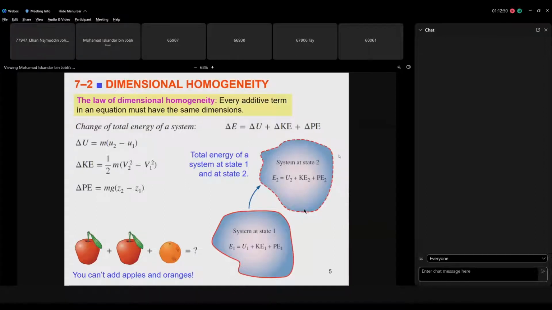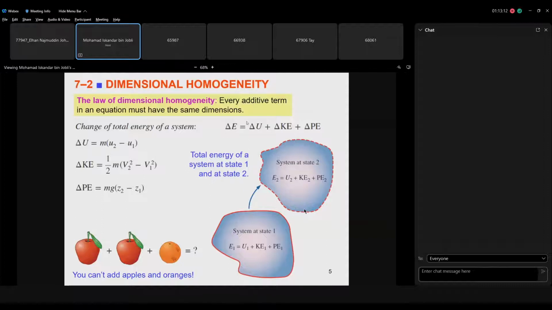Energy balance equation. Exactly. Thank you, Elhan. That is the energy balance equation, or the first law of thermodynamics. Energy cannot be created or destroyed. It can change from one form to another. So that's where your energy balance comes from.